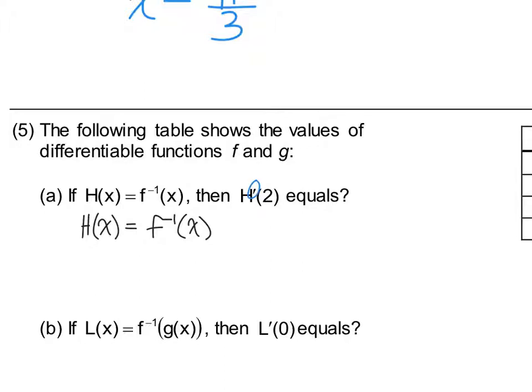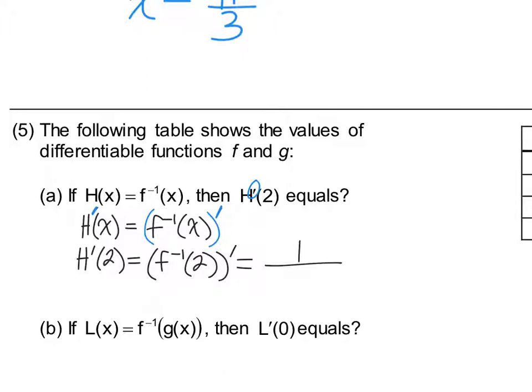But I want the derivative. So I'm going to take the derivative of both sides. And then I want to do it at 2. Specifically at 2. So h prime of 2 would be equal to inverse of f evaluated at 2, prime. Which is the left-hand side of the rule.